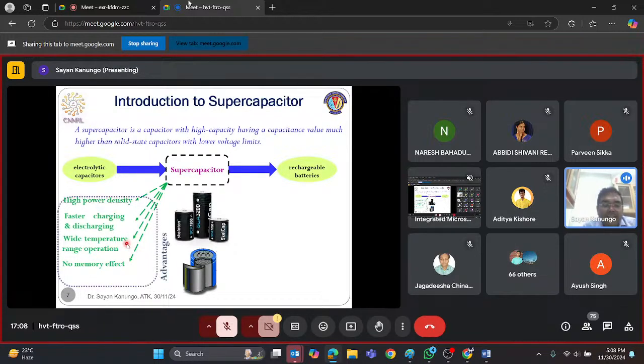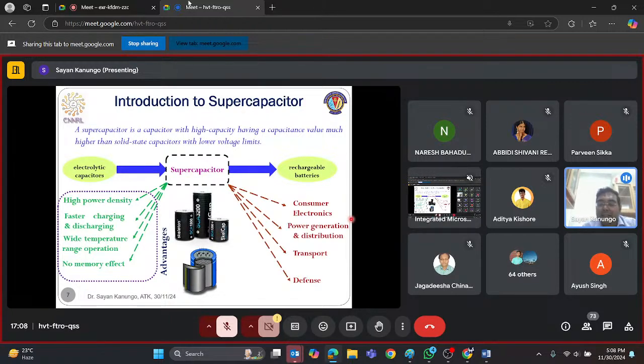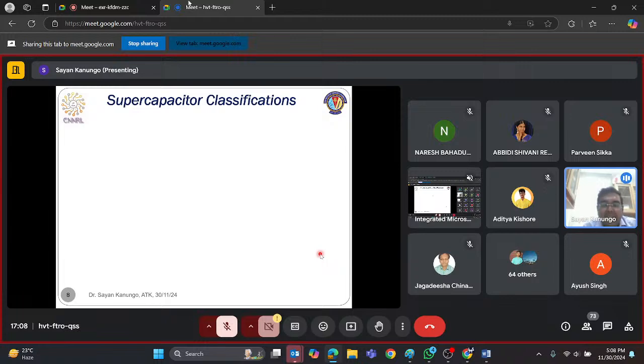Based on these distinct features, supercapacitors are rapidly gaining attention from different application areas, and today the major application areas include consumer electronics, power generation and distribution, transport and defense.